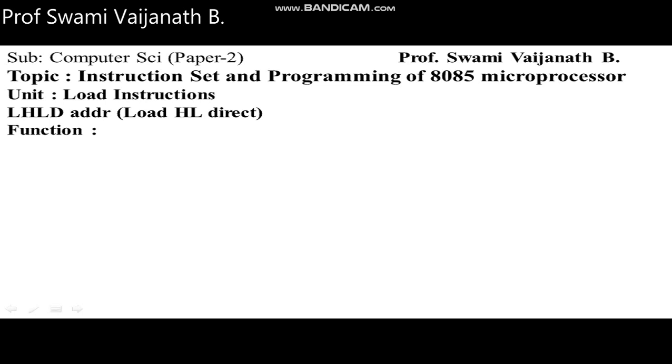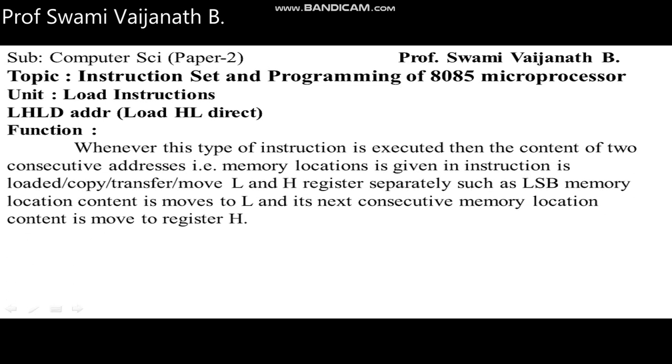That means whenever there is 16-bit data stored in two consecutive locations, you load that data into HL. In the instruction the LSB address is given, and automatically the content of the next address is loaded into H, while the content of the address given in the instruction is loaded into L. That is, the content of the address given in the instruction is loaded in the L register, and the content of its next consecutive address is loaded in the H register. The addressing mode is direct.